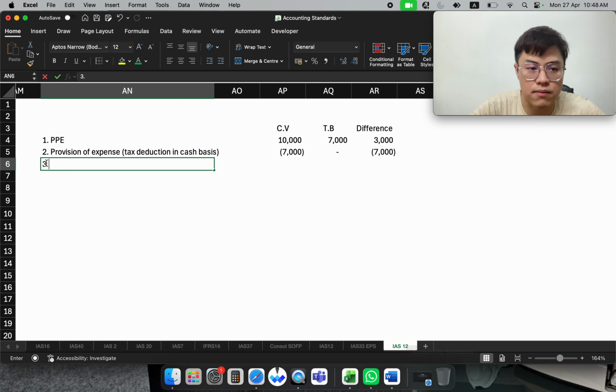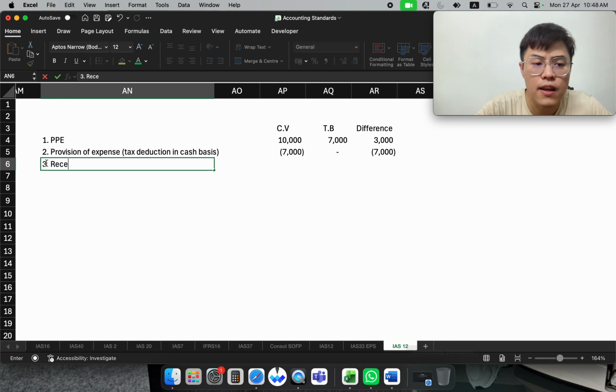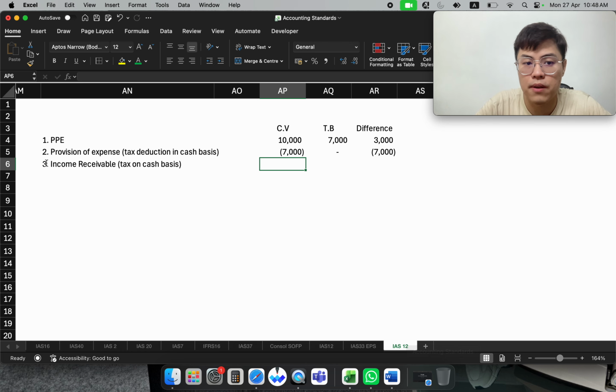And number 3, if there is an income receivable which you are going to tax on cash basis, you recognize 2,000 income receivable as an asset. Now you debit receivable, credit your income.